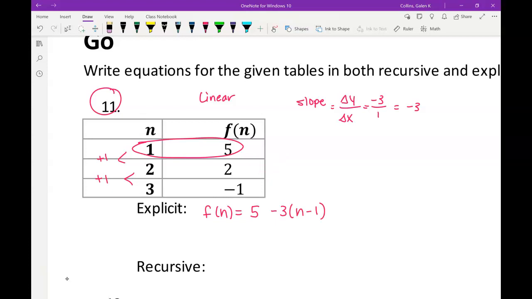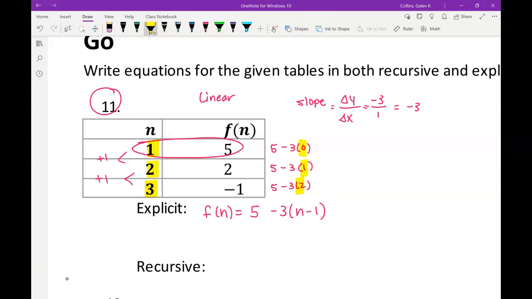So if I think about it, this is like 5 minus 3 0 times, 5 minus 3 1 time, 5 minus 3 2 times, because I had to subtract 3 twice to get to -1. And again, I could observe that this number is always 1 less than n.